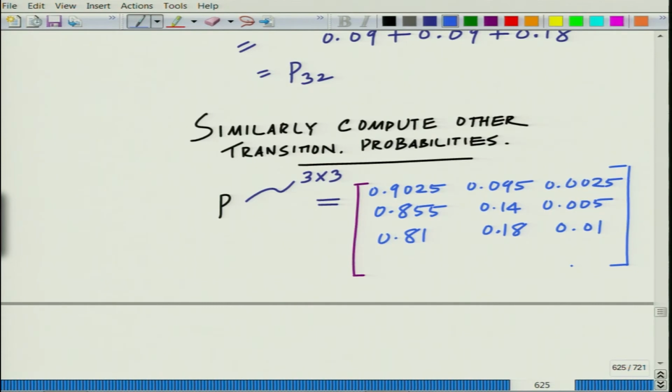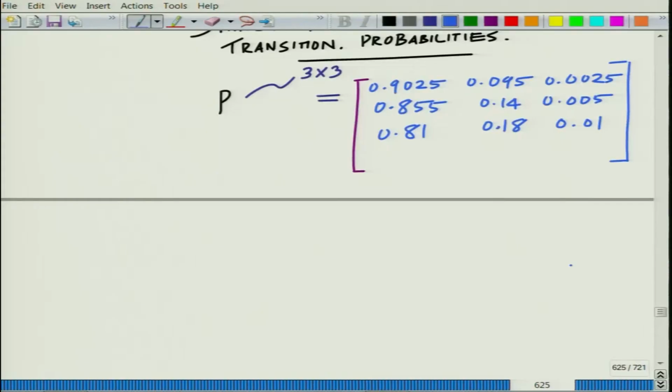This is the transition probability matrix for this industrial reliability problem with 2 similar machines operating independently. So you can get an idea of how to construct more and more complex examples, starting with a simple example.